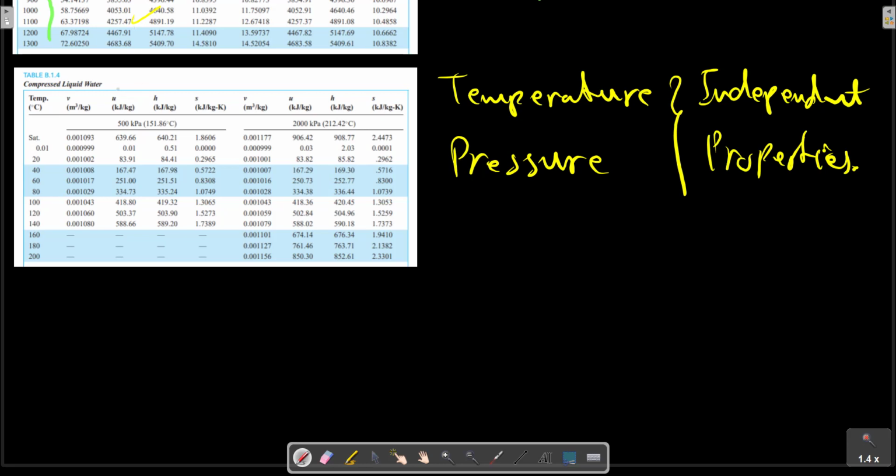Table B14 in this case gives the properties of the compressed liquid. To demonstrate the use of this table, consider a piston and a cylinder that contains 1 kilogram of saturated liquid water at 100 degrees, for example at this point.